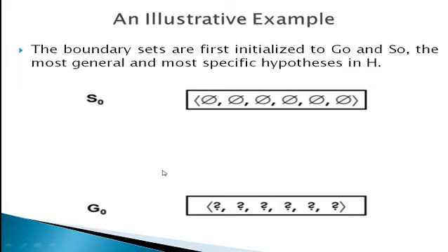So first let us initialize these two boundary sets to G0 and S0, that is the most general and most specific hypothesis in H respectively. So here S0 is initialized with all null values, that is the pi symbol, and G0 is initialized with all question marks, that is the general hypothesis, right?